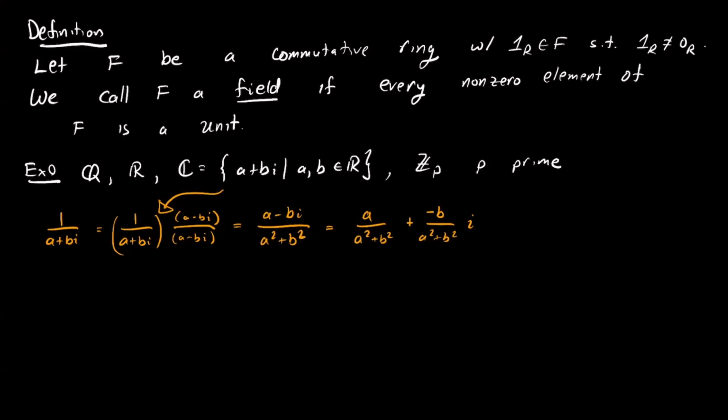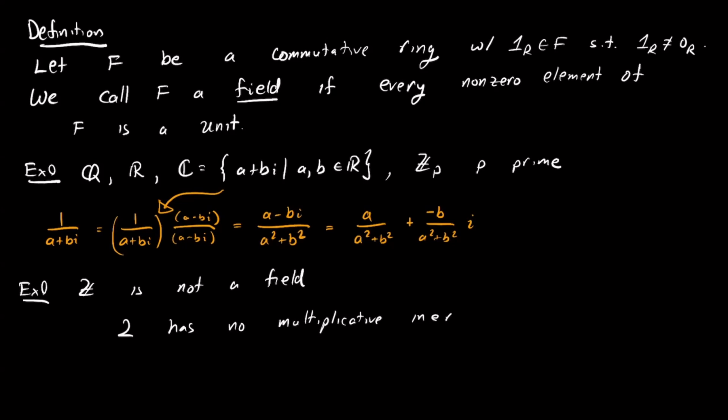Okay. What about other examples? What about the integers? So Z is not a field. Why is it not a field? Well, 2 has no multiplicative inverse. I can't multiply 2 by another integer and produce 1.